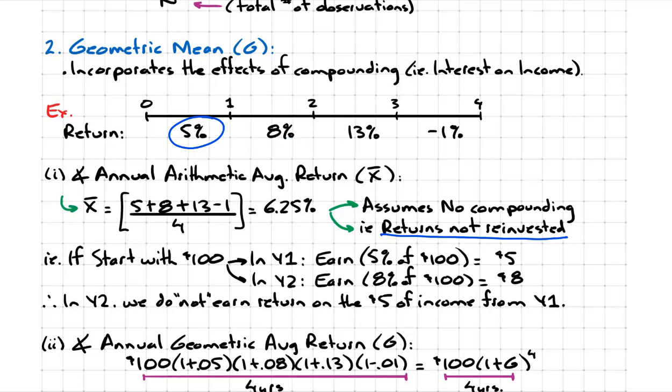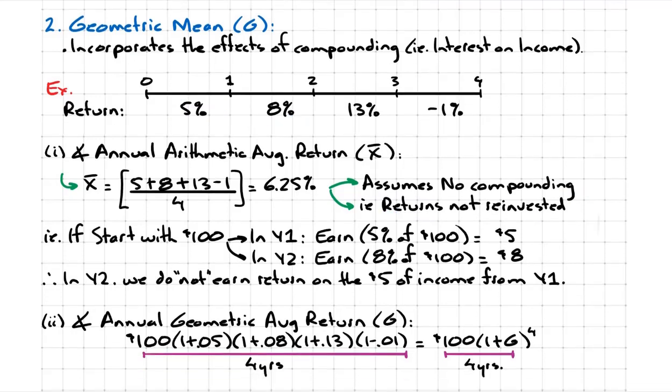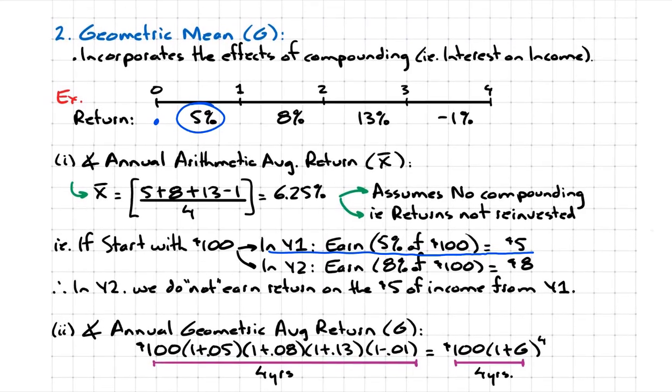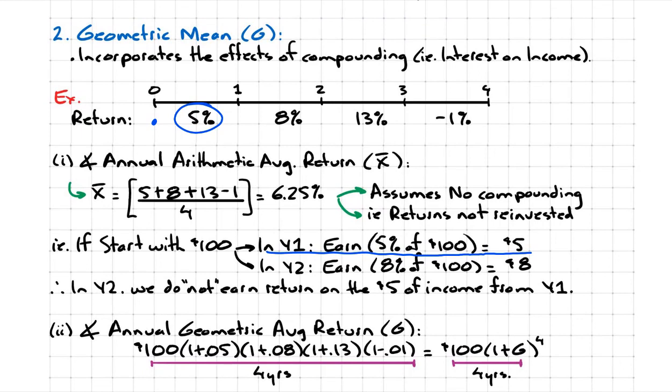For example, if we start with $100 at the beginning, in year 1, we would simply earn 5% of that 100. So start with $100. If you're going to earn 5% in year 1, you would have made $5.